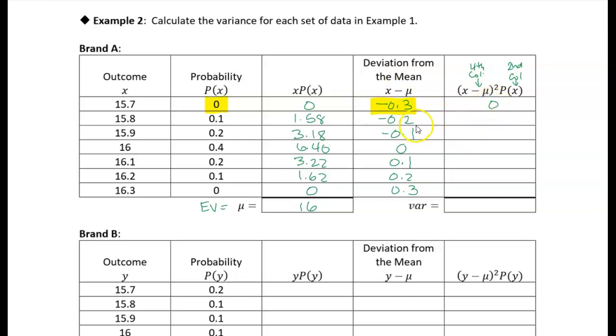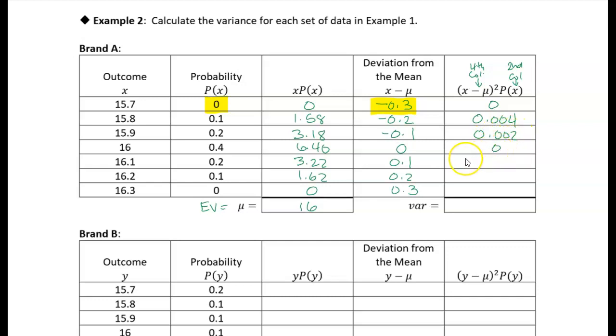Then I'm going to take negative 0.2 squared, which would be 0.04, and then times 0.1, which gives me 0.004. So I'm taking the fourth column numbers times the second column numbers. I'll just go ahead and do that.